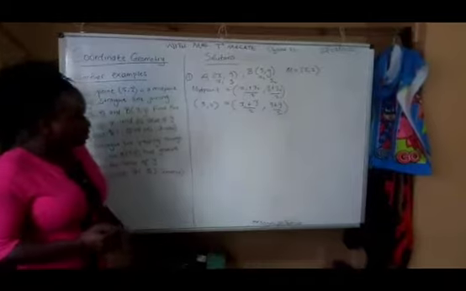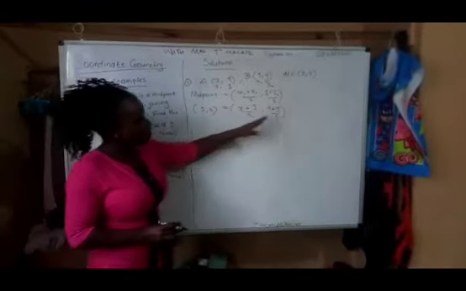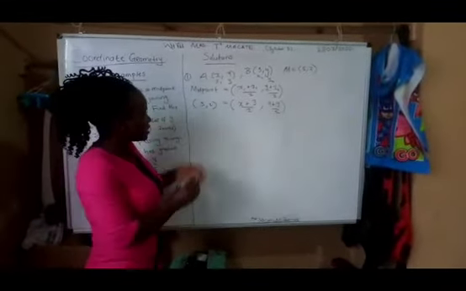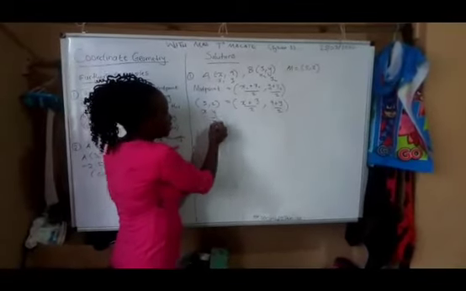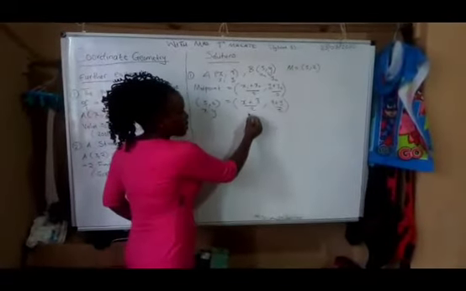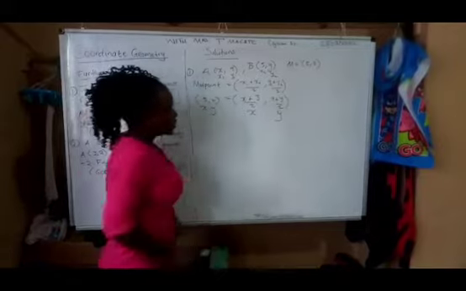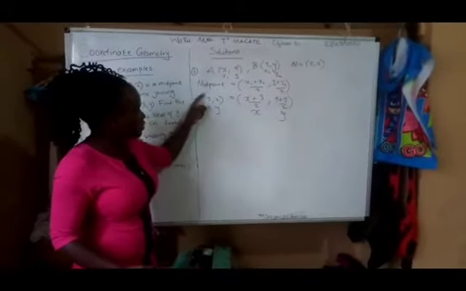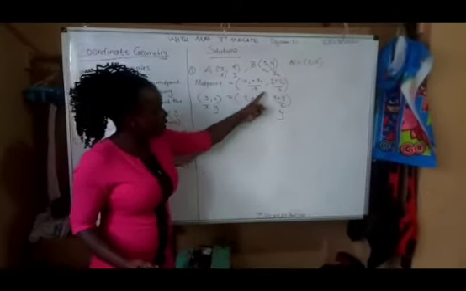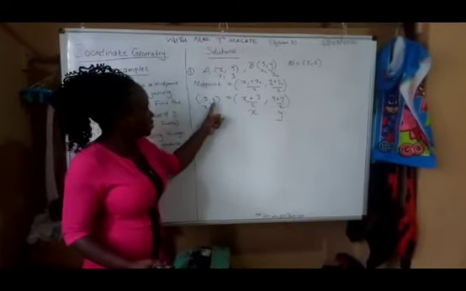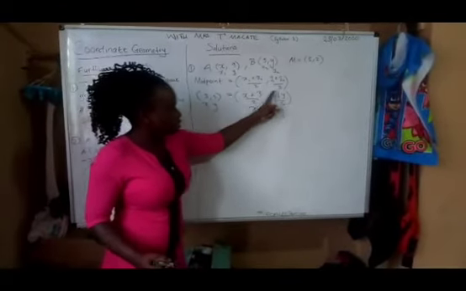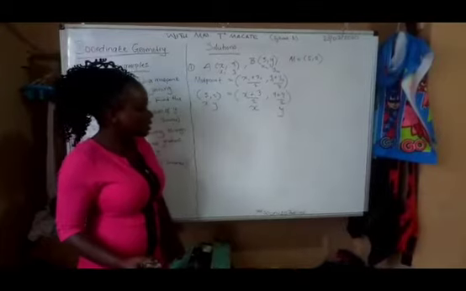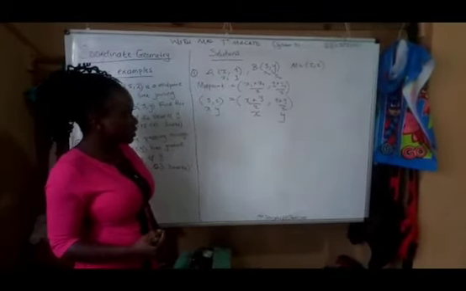Having gotten to that stage, if these two have to be equal, what you have here is x, y, and what you have on this side is equally x, y. So what you have on x is the same thing you should have on x this side, and what you have on y is the same thing you should have on y on the other side. So let's equate those.